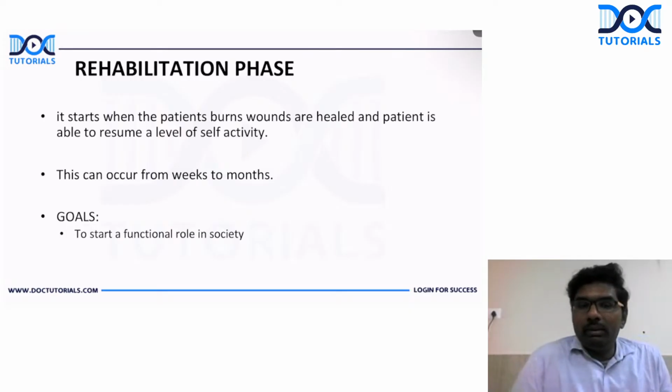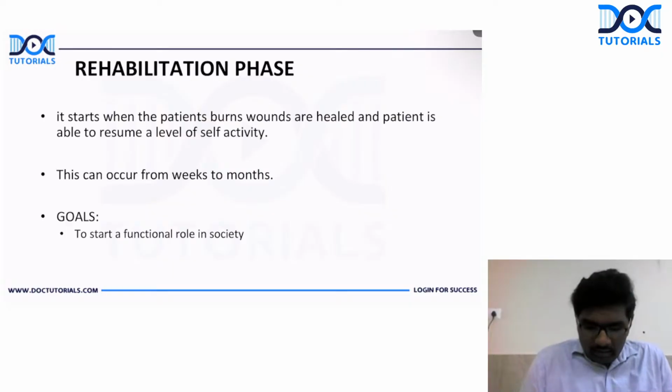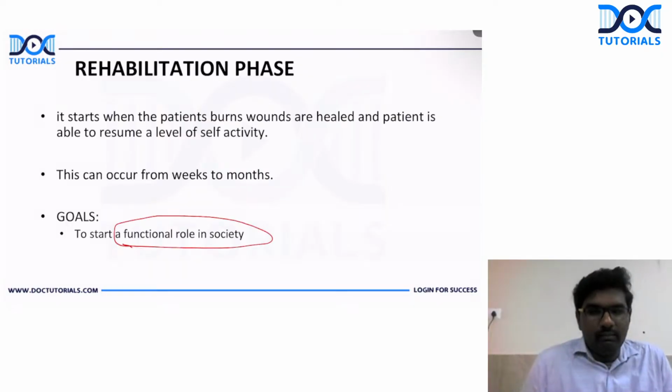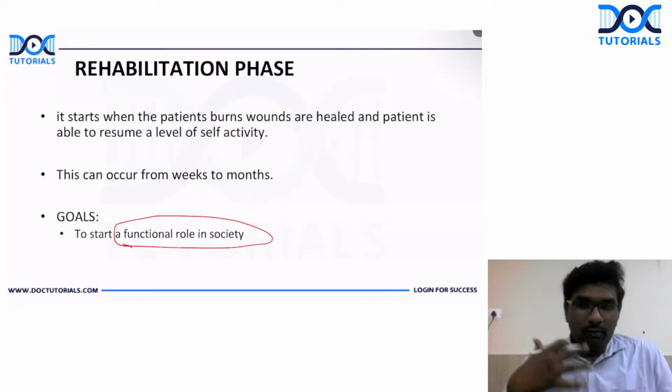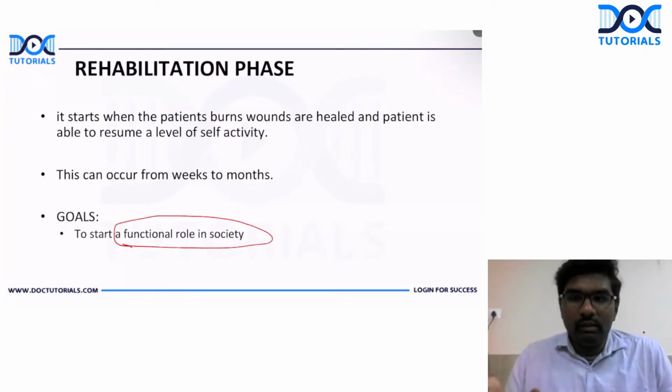In the rehabilitation phase, the important goal is to restart the functional role in the society. Of course, when we are functional, we will be very active. If you are not doing anything, we will feel lazy and feel down. So it starts when the patient's burn wound is healed and the patient begins to start self activities.